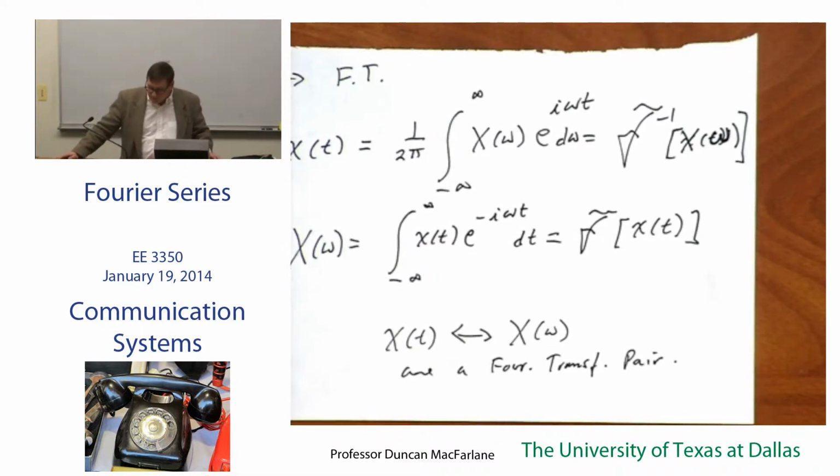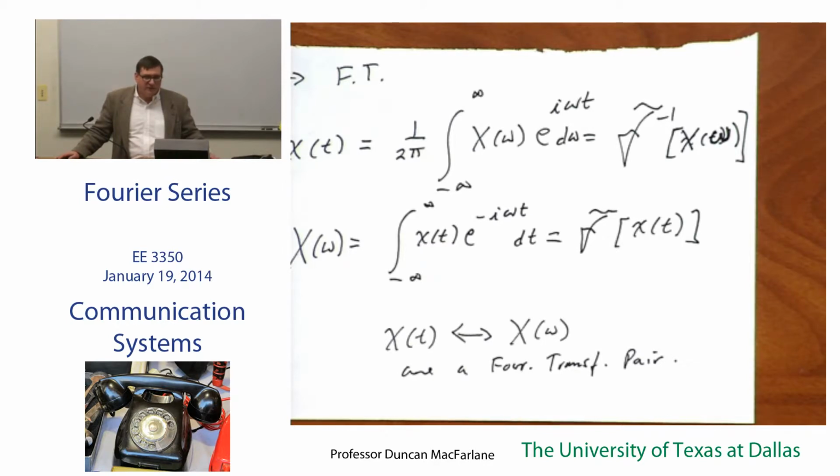Some details on calculations. I think this is the representation that Lottie uses. I think it is. I haven't checked it in a little while, so I could be wrong. My point is that many textbooks use different specifics or different details of the Fourier transform pair.